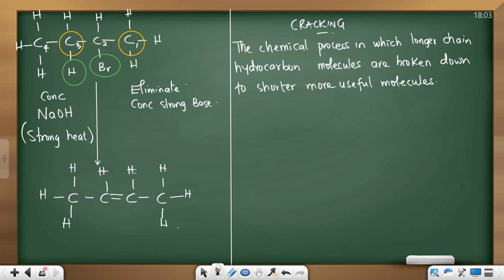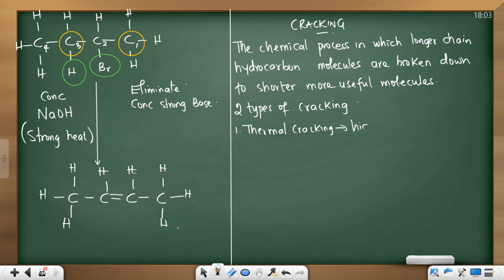And there are 2 types of cracking. 1, thermal cracking.